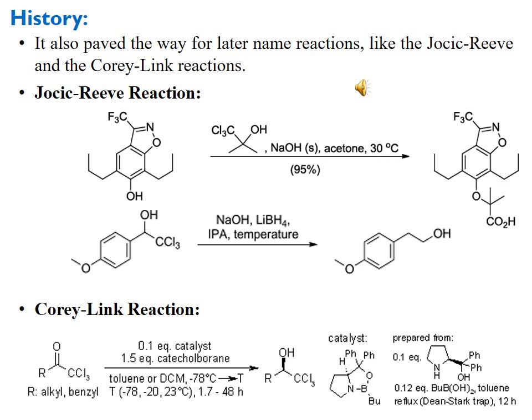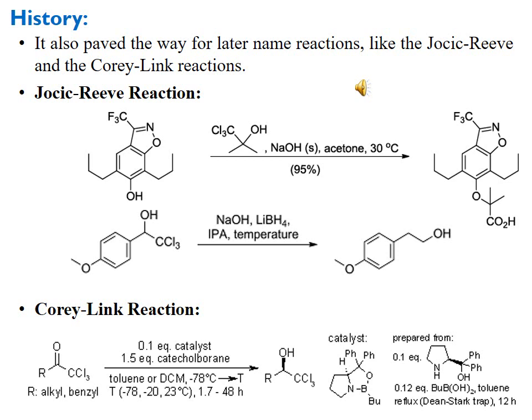The difference of these two reactions from Bargellini is that Bargellini used chloroform as the starting reagent in the presence of base, but here the Jocic-Reeve used trichloromethylcarbinol as the starting material, and the remaining reagents are the same: sodium hydroxide is used, acetone as a ketone is used, and the yield obtained is about 95%.